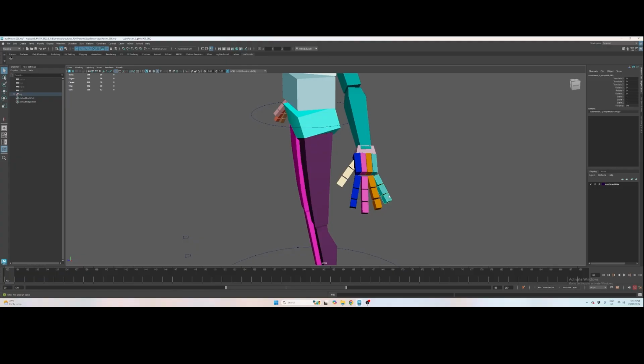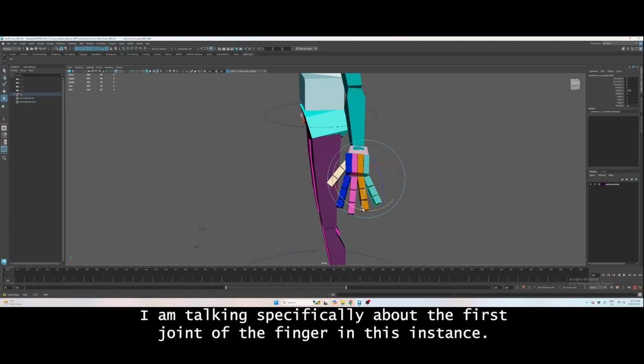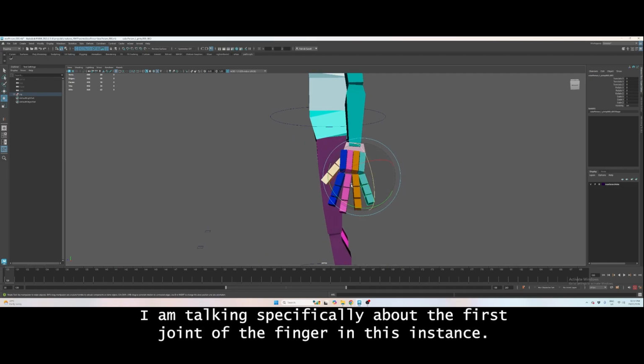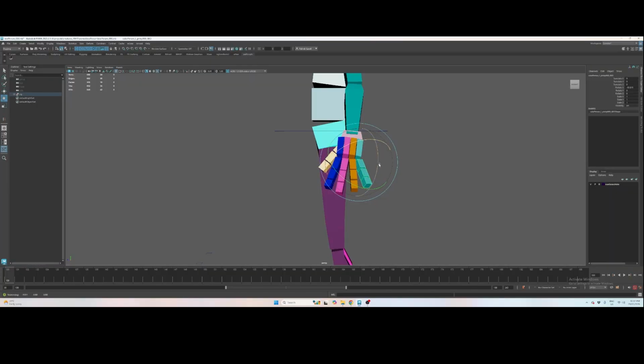And then for the fingers, we have 3 axes of rotation. And even though you actually can't twist your fingers, we do need to add a little bit of twist sometimes to get the hand poses that we need. So that's completely fine in the case of 3D animation, to have some twist on this base joint of your fingers.